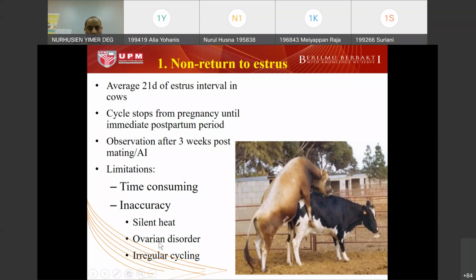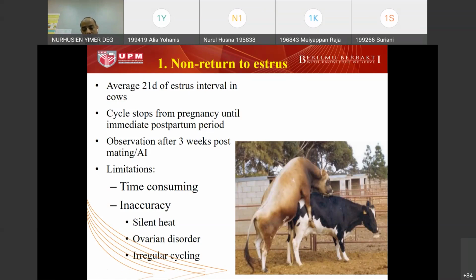Another factor could be a problem with the ovary. If you have any ovarian disorder, like cystic ovarian disease, for example, a case of luteal cyst, we don't expect the cow to show heat signs, right? So despite the animal not being pregnant due to cystic ovarian disease, you may think that the cow is not showing heat signs and is pregnant, but actually she is not. Another factor could be irregular cyclicity.